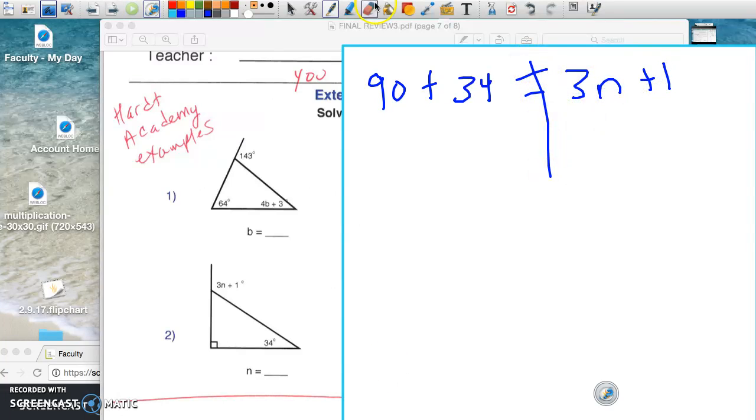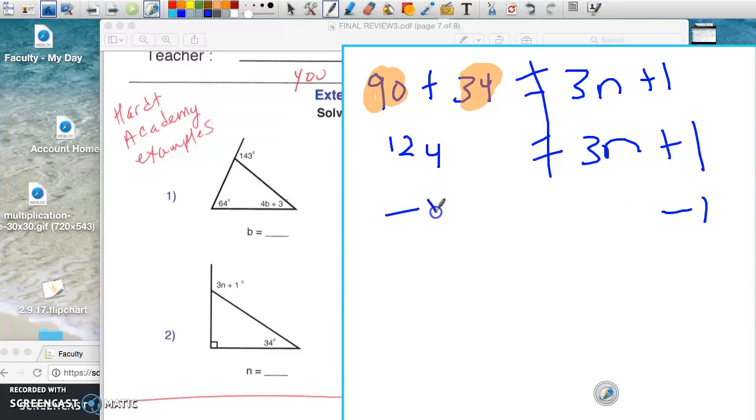Okay? Combine like terms. We can combine them together. Then n plus 1. Your job is to get n by itself, so what are you going to do?